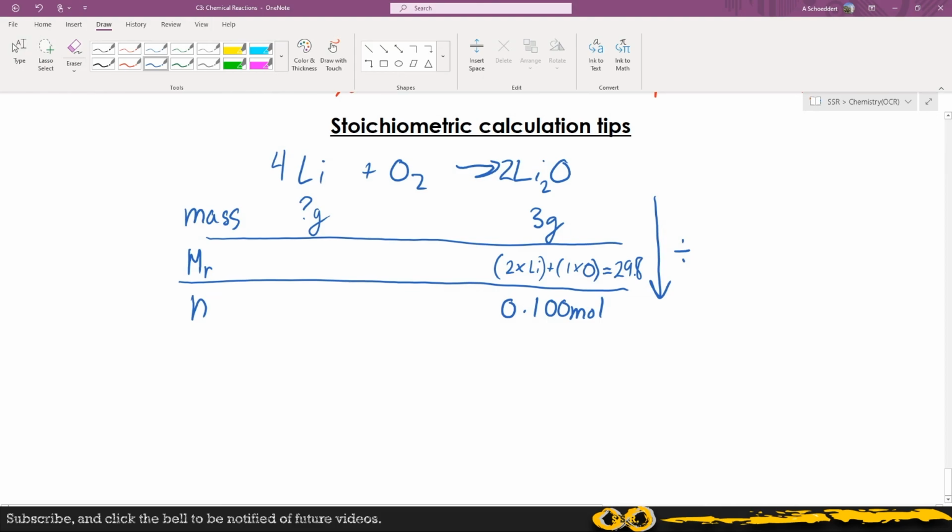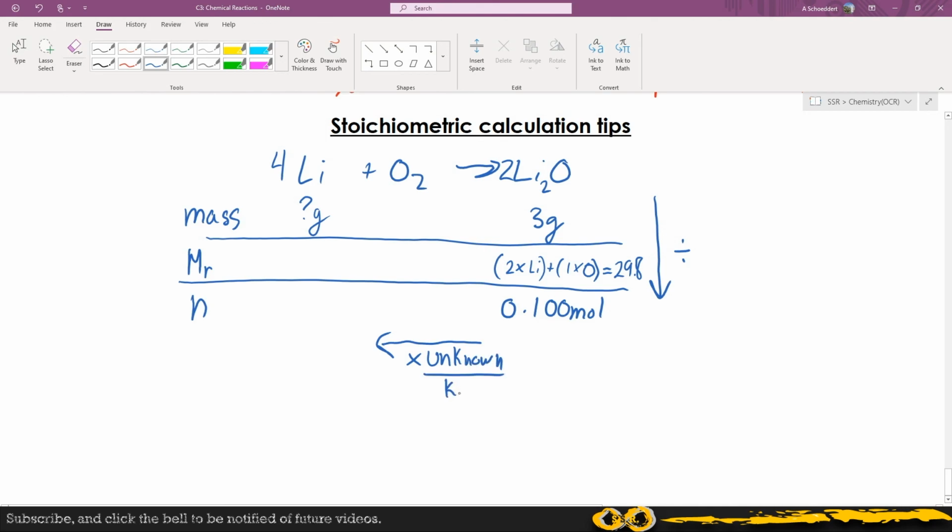Notice that we haven't dealt with this 2 yet. Now is the time to deal with it. We need to understand that this is a ratio of moles. 4 moles of lithium make 2 moles of lithium oxide. We haven't made 2 moles of lithium oxide. We need to figure out how many moles of lithium we actually use to do this. In order to do that, you will multiply across by the ratio of the unknown divided by the known.